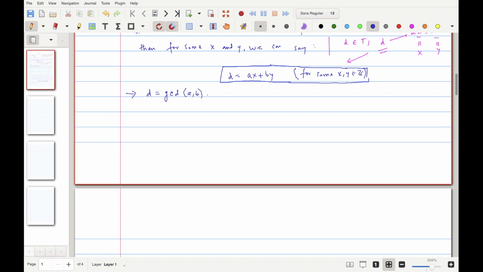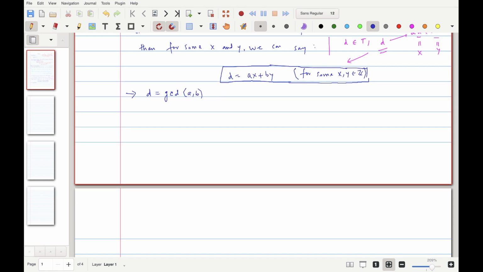So, since D is the GCD of A and B, think about this.